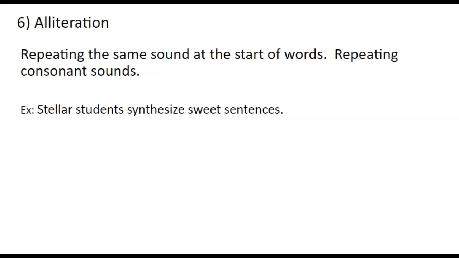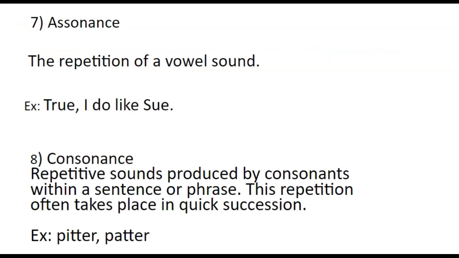Alliteration is repeating the same sounds at the start of words, so repeating consonant sounds. Stellar students synthesize sweet sentences is repeating that S sound. Assonance is the repetition of a vowel sound. True, I do like Sue.